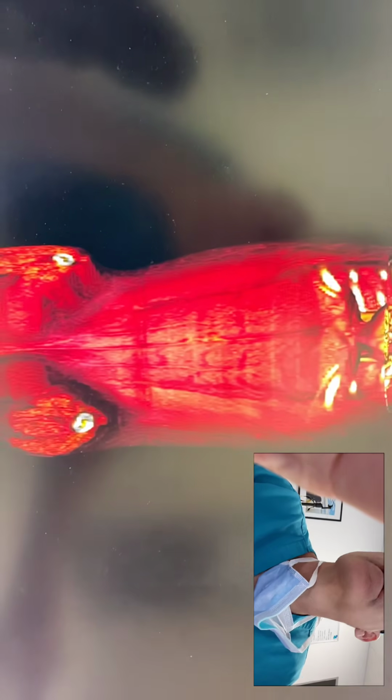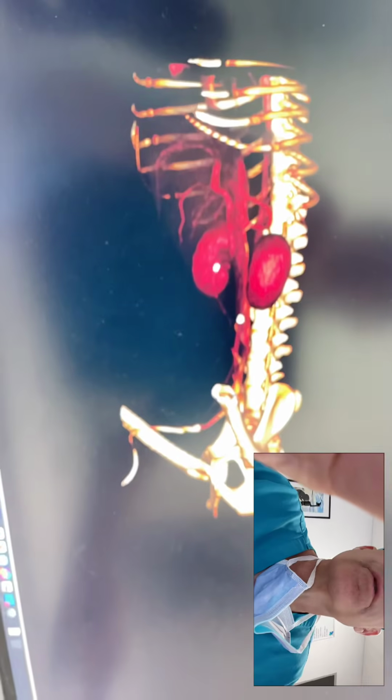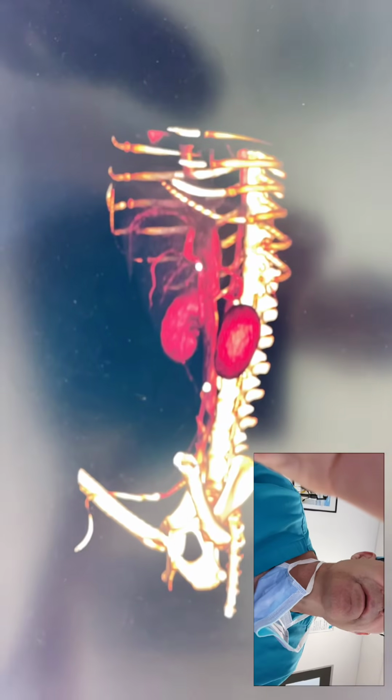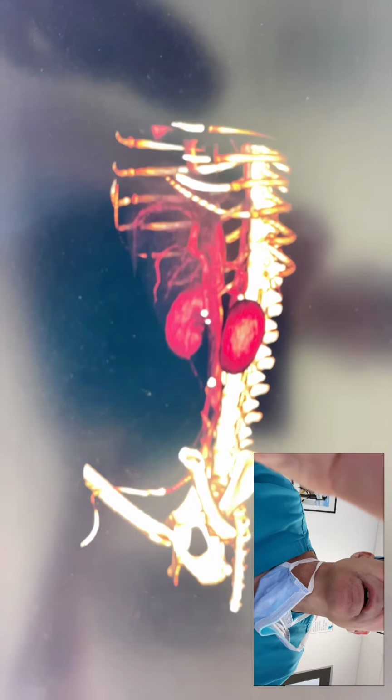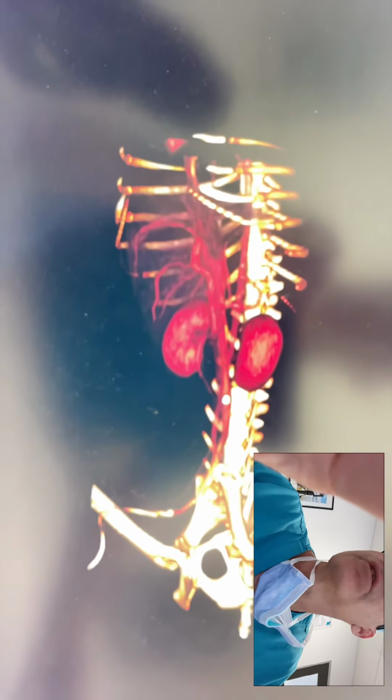And then just get rid of all this muscle here. So we can see the vasculature there. Now that's the portal vein right there. And that's the vena cava right there. And again, at no point do these two vessels meet.